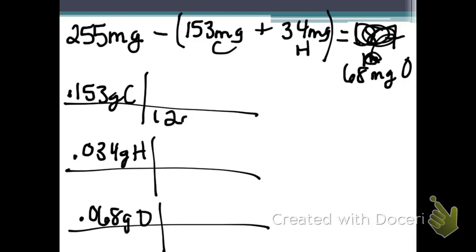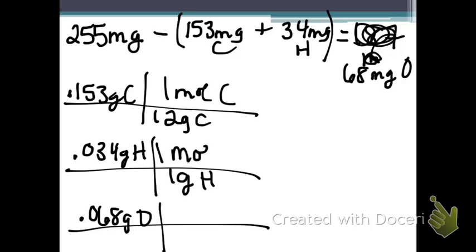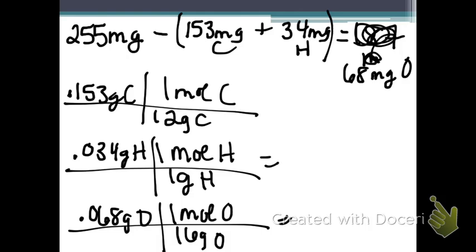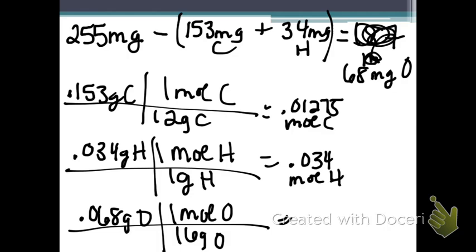Convert them all to moles. A gram of carbon for every mole of carbon. A gram of hydrogen for every mole of hydrogen. And 16 grams of oxygen for every mole of oxygen. Calculate them out and I get 0.01275 moles of carbon, 0.034 moles of hydrogen, and 0.00425 moles of oxygen.